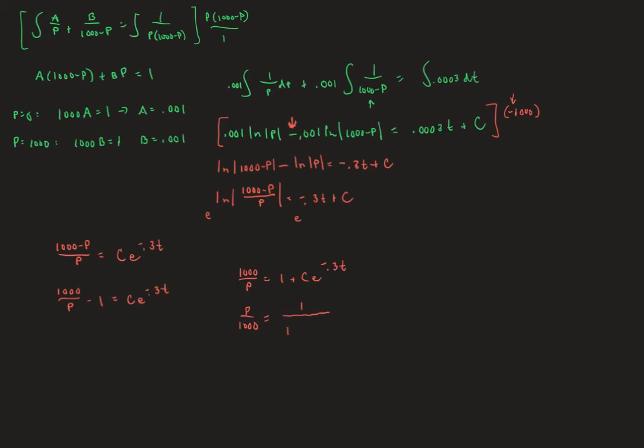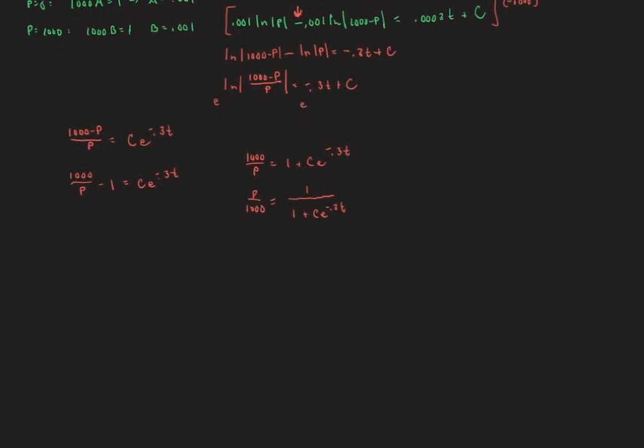So instead, it's going to be 1 over that whole thing. So we have 1 over 1 plus c e to the negative 0.3 t. So I'm going to slide this up a little bit more. We can multiply by 1,000, and now we're getting there. So we've got 1,000 over 1 plus c e to the negative 0.3 t.